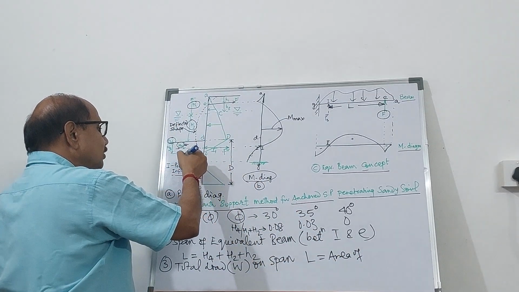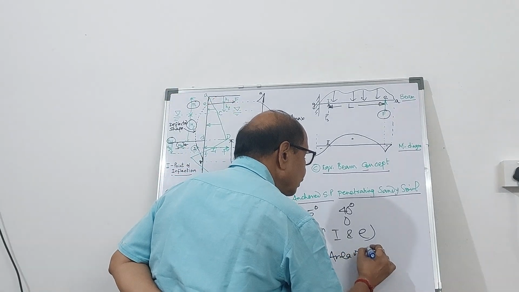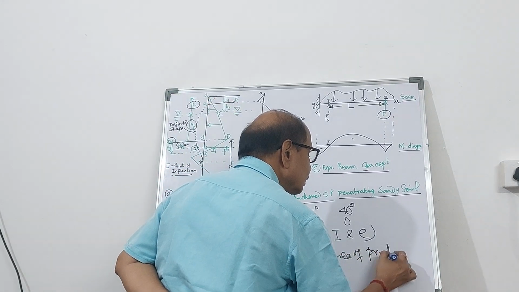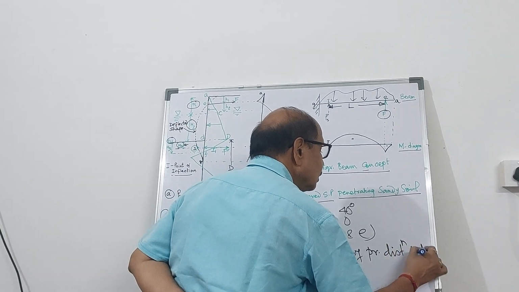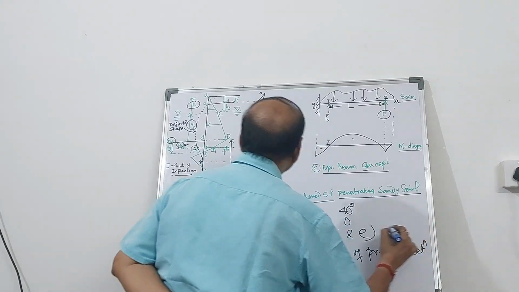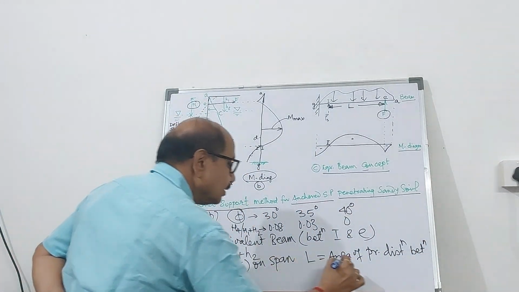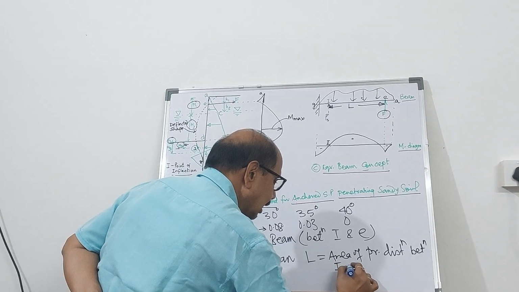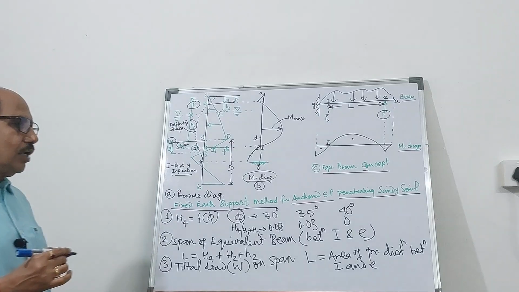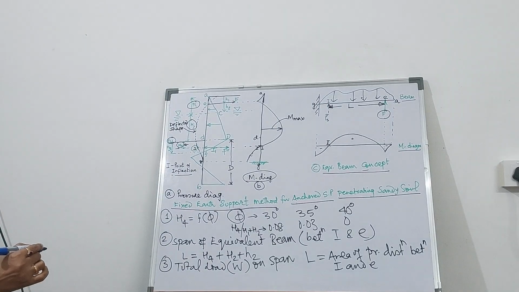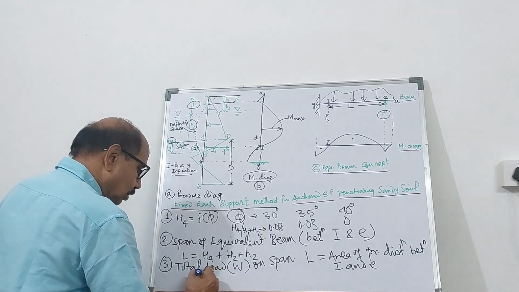this earth pressure distribution, area of pressure distribution between I and E. So having got this area, you can calculate the total load.